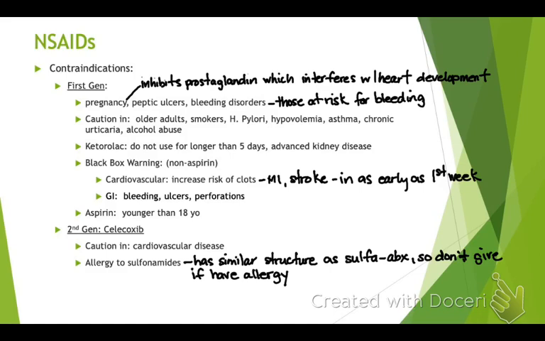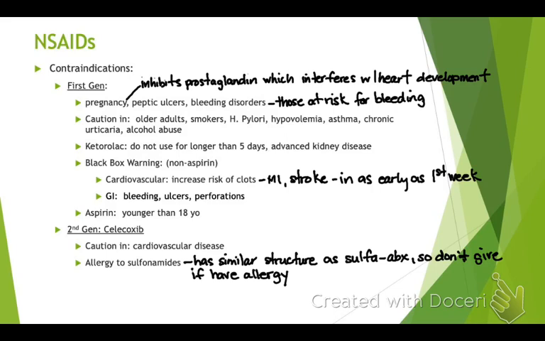You want to be cautious in giving NSAIDs to older adults, smokers, patients with H. pylori, patients who are hypovolemic, have asthma, have some type of chronic urticaria, or are alcohol abusers. They will all have some type of ill effect from the NSAIDs.